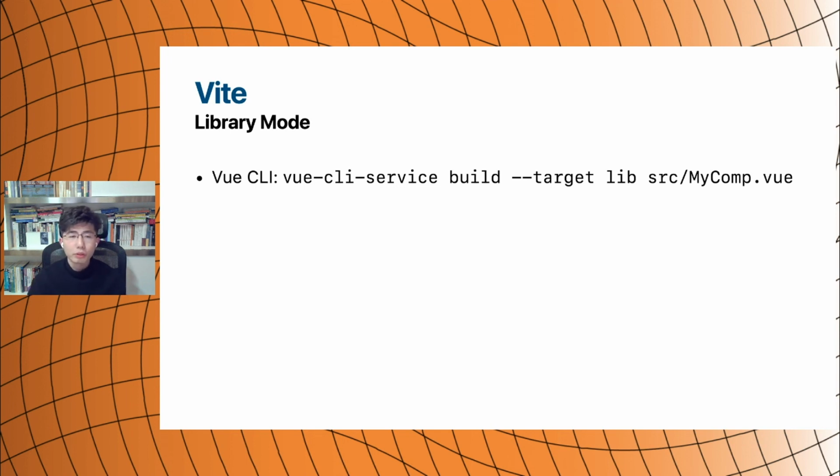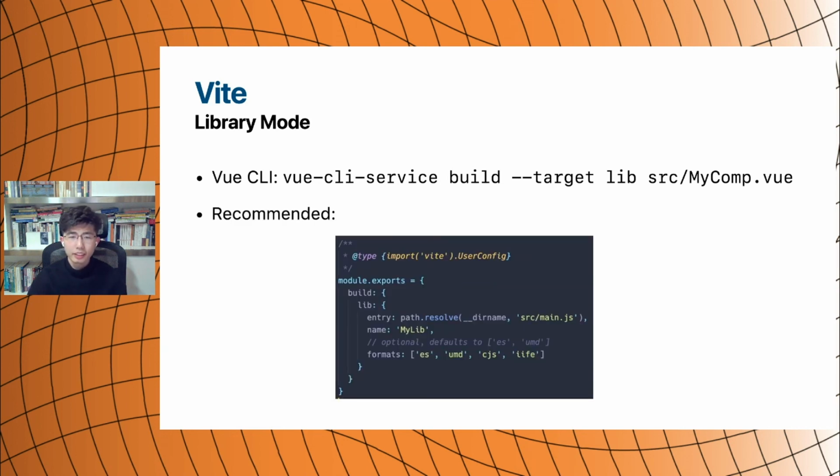So with Vite 2, there is a library mode, and we think it is reasonable to only use Vite for libraries because it is more suited for bundling such build targets. Vite also uses Rollup underneath, and Rollup is typically recognized as a better library bundling tool than Webpack.